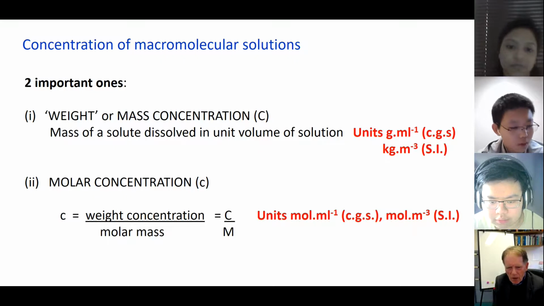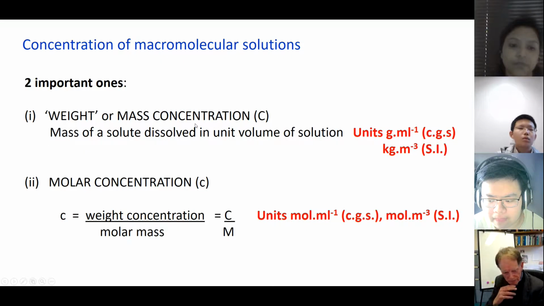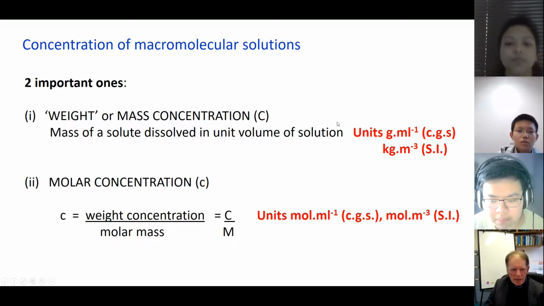So the molar concentration relates directly to the numbers of molecules dissolved in solution, whereas the mass concentration relates directly to the masses of a molecule, a macromolecule, dissolved in unit volume of solution. So numbers and masses.